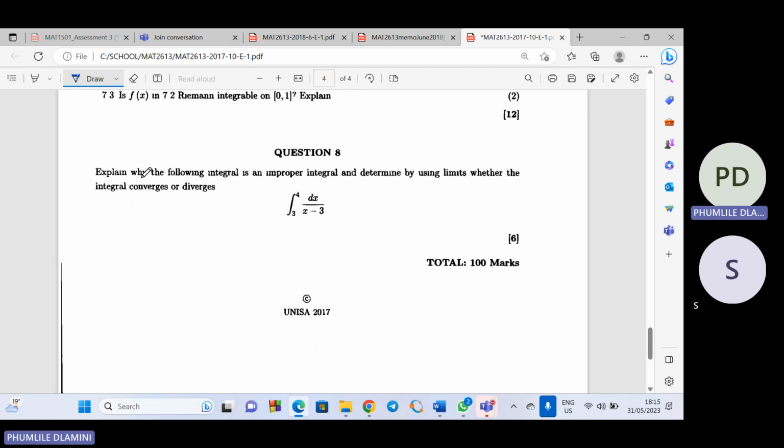So explain why the following integral is an improper integral and determine by use of limits whether the integral converges or diverges. So this integral here, if we rewrite it properly, is the integral from 3 to 4 of 1 over x minus 3 dx.